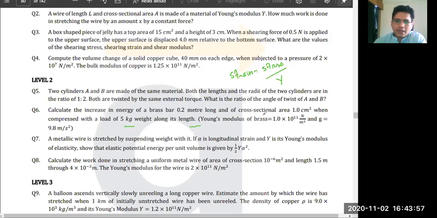Now, after calculating strain, energy is basically half into stress into strain, right? Into area into length, right? Because you have to calculate the energy, not energy per unit volume. Now, don't you think that this was easy? Tell me. Pradyuman, got it? Okay. Yes, it's around 2.4, 2.5. Okay. Right? Easy. Okay, everyone. Next. Question number 7. Sorry, question number 6 done. Question number 7. Think about question number 7.